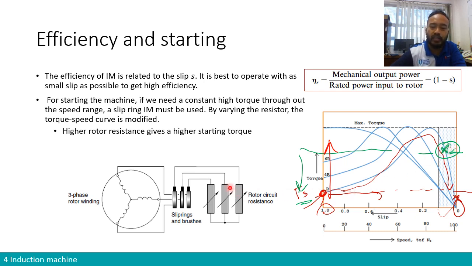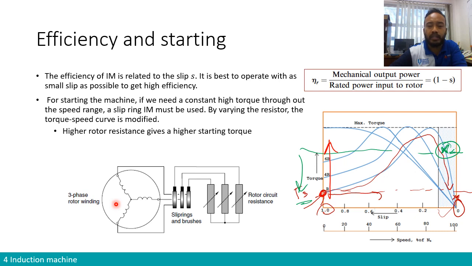So to start, you increase the resistor. Once it has started and the slip goes from 1 to this point, you can reduce the resistor back, so as to not consume too much energy. So that's the purpose of using the structure with slip rings.